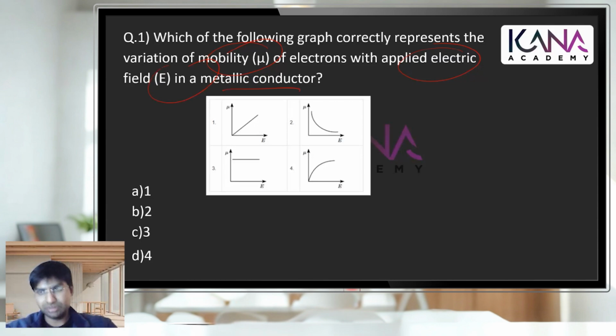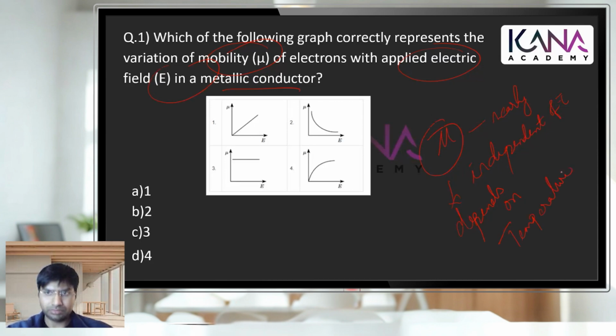So the concept here is that mu is nearly independent of E. Mobility majorly depends on temperature. So it does not depend on the electric field. So this is the first concept.